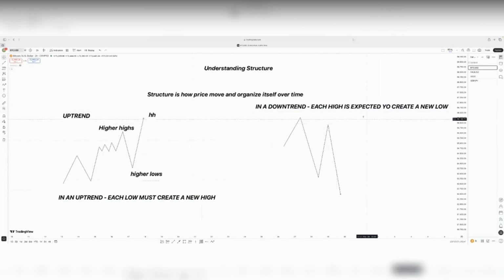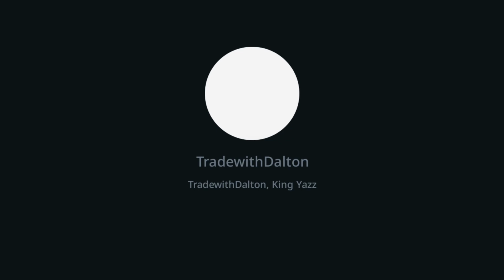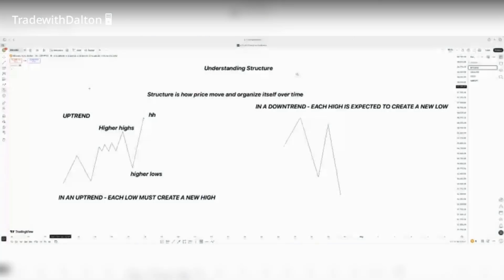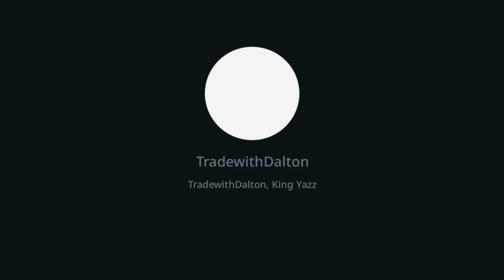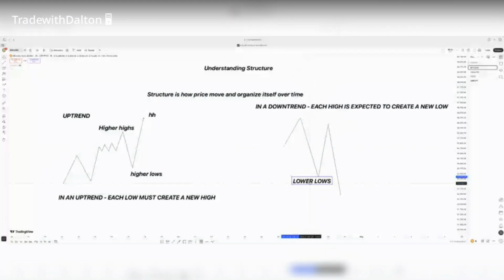I hope you are getting it now. A downtrend consists of lower lows and lower highs.